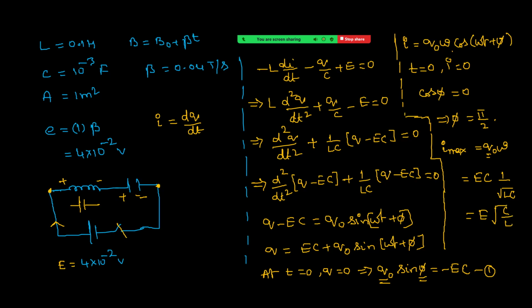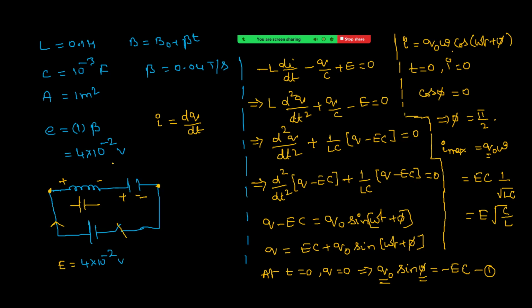Now see what is the value of C: 10 power minus 3, and L value 0.1, that is 10 power minus 1, and E value we got 4 into 10 power minus 2.